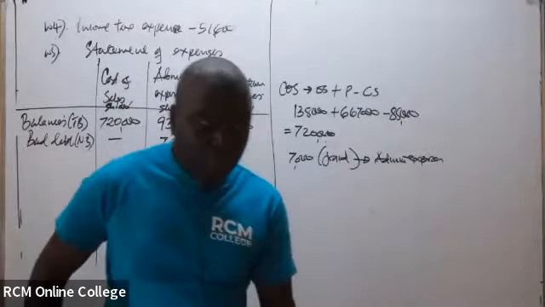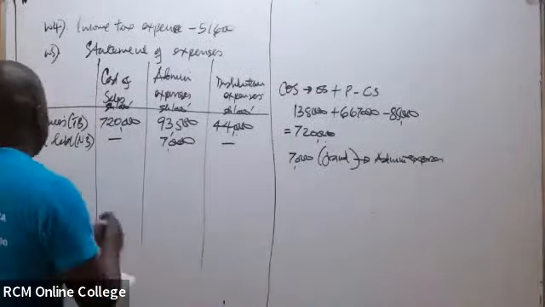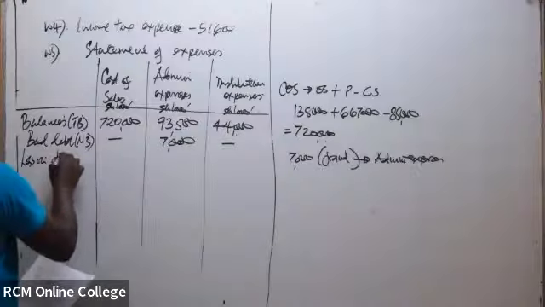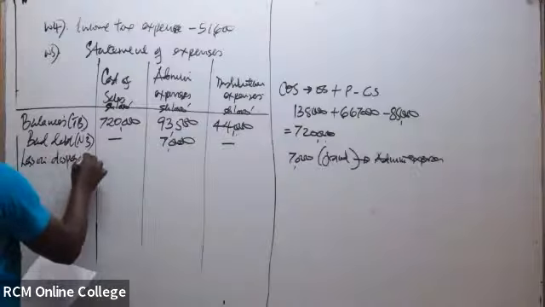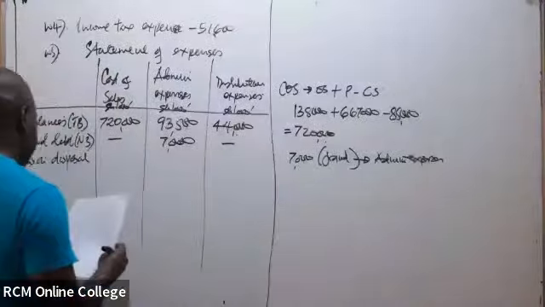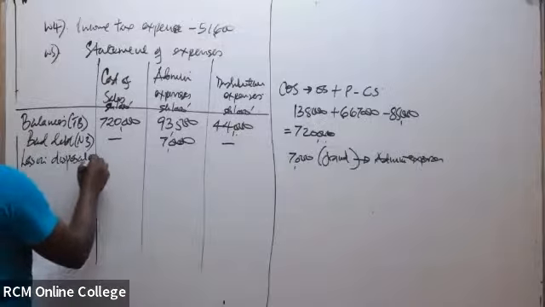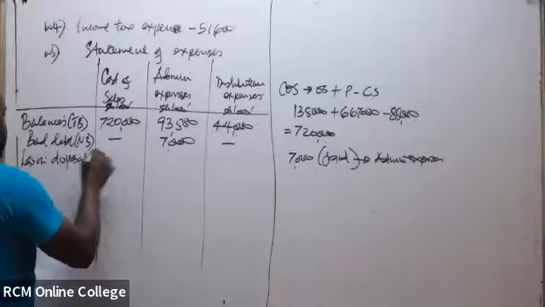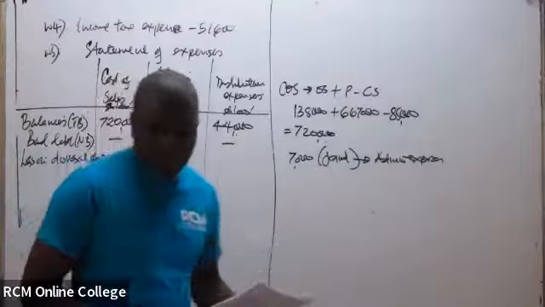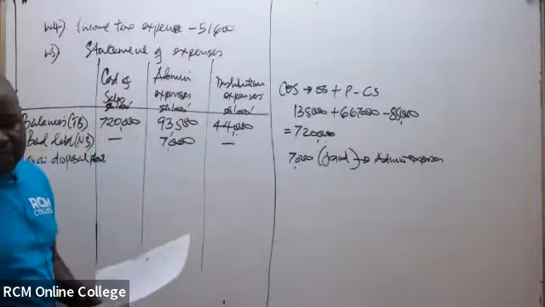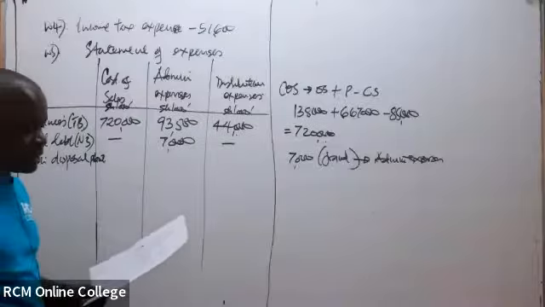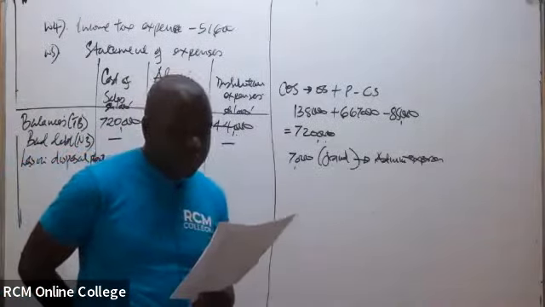Then there was a loss on disposal. Remember the loss on disposal, where I indicated that it will go to the cost of sales. Loss on disposal of plant, we computed it under working number 1, and we said that one will go to the cost of sales.